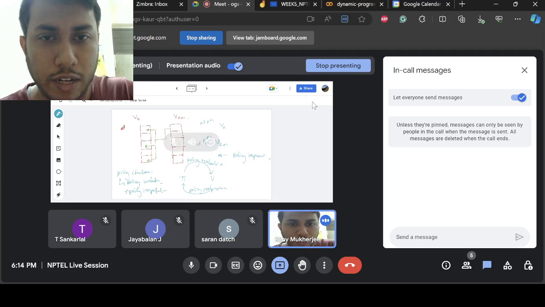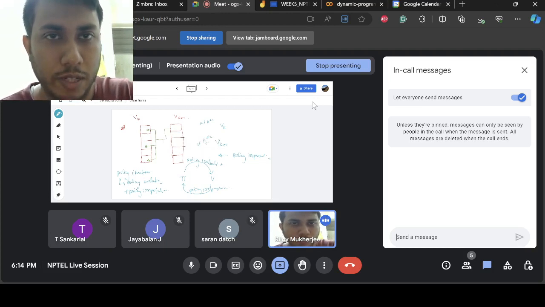Any doubt regarding these concepts of policy iteration, policy evaluation and policy improvement?